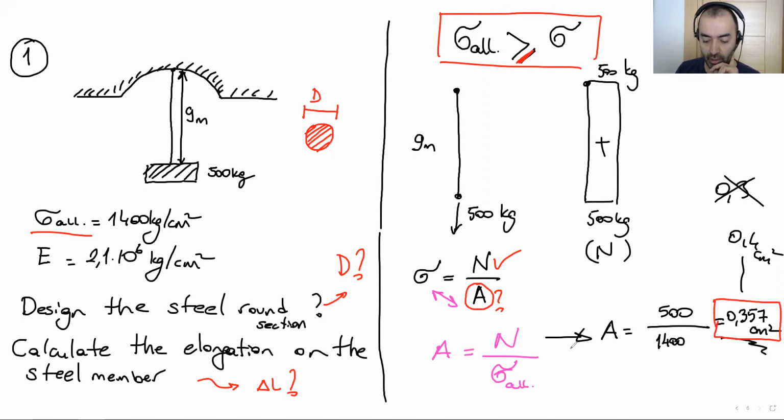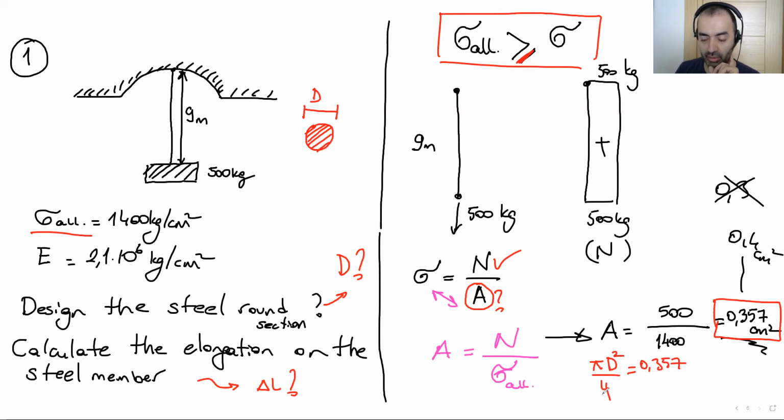So can we do the calculation for D? Yes, the area of the round section is pi D squared over 4 equals the required area. Use pi from your calculator; don't put 3 here.